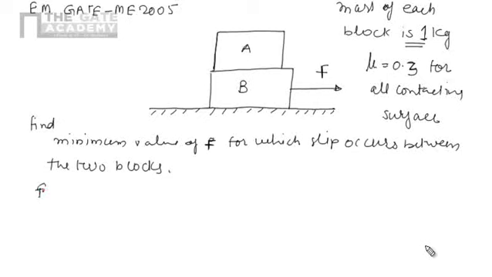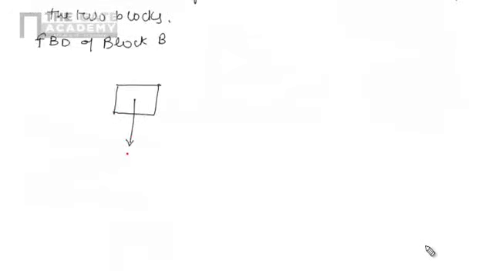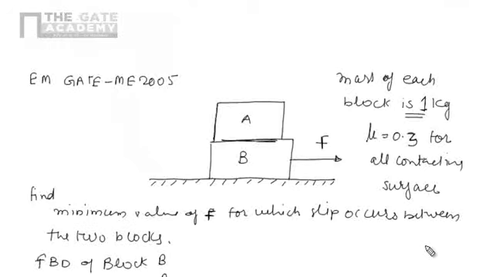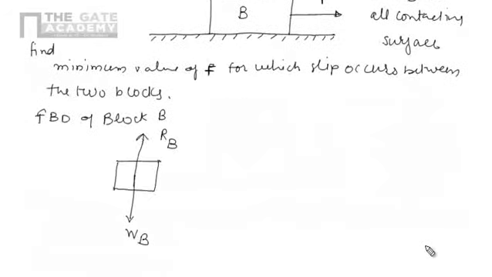First of all, draw the free body diagram of block B. For block B, there is the weight of the block, WB. Here the reaction from the table will be RB, and since A and B are in contact, there will be a reaction from A on B, that is RA.